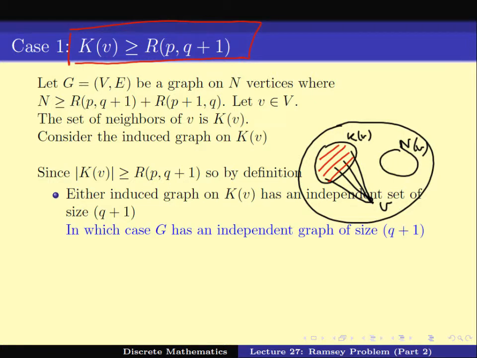In that case, that independent set is also an independent set of size q+1 in G. For example, if this is an independent set here, that means no two vertices here have an edge between them, then in the whole graph G I still don't have any edge between them, and hence the same set of vertices is an independent set of size q+1 in G.